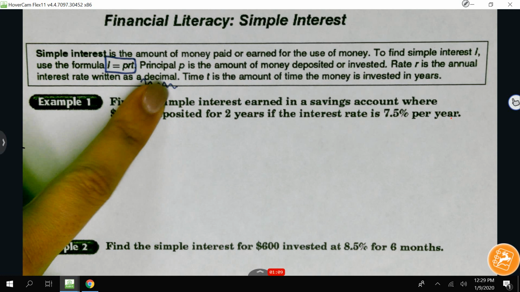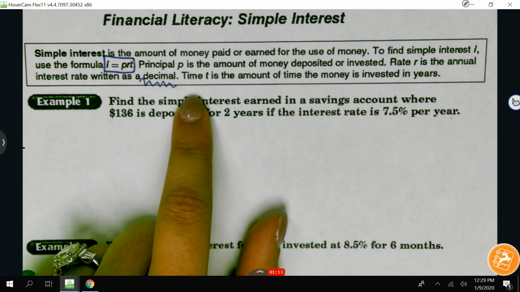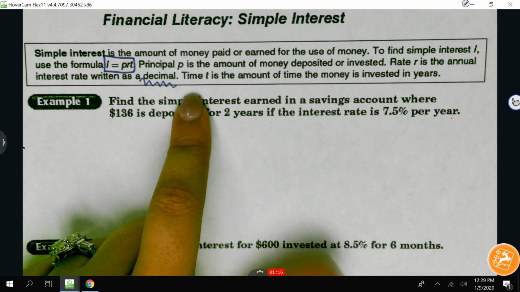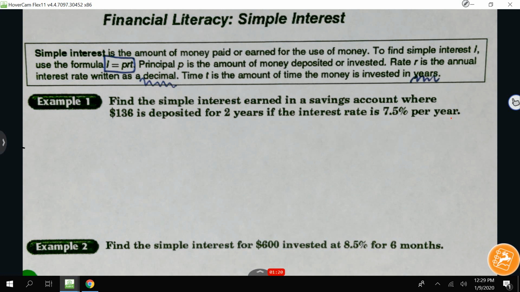And then time, which is T, is the amount of time that the money is invested in years. It has to be in years. If it's in months, we're going to have to convert it.